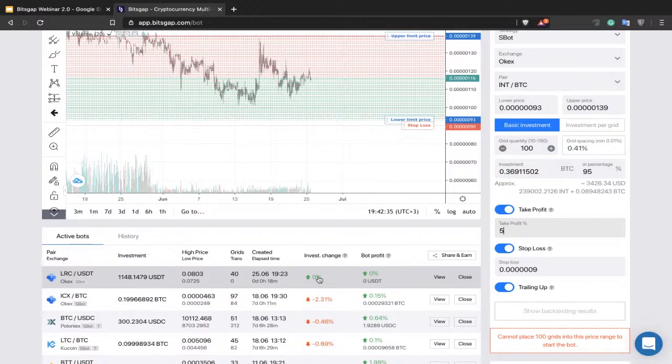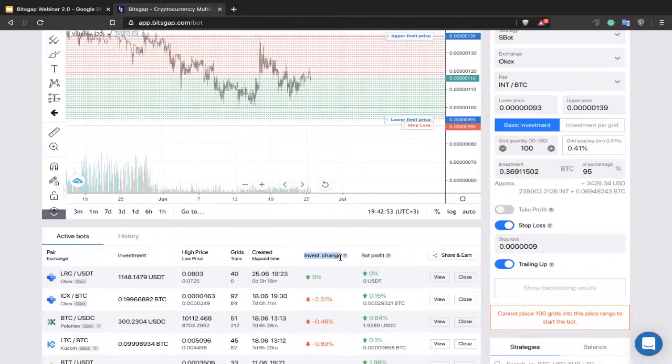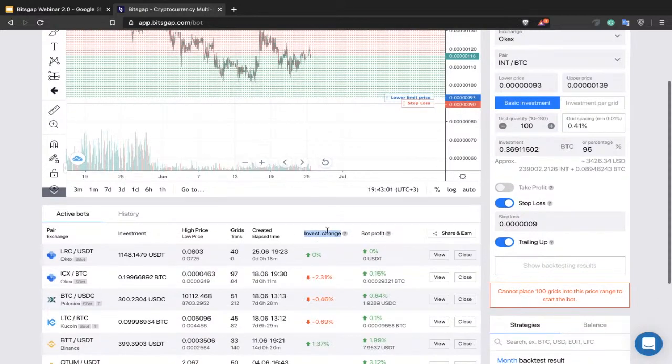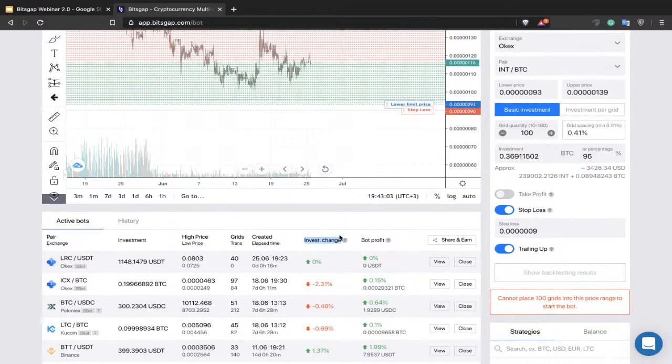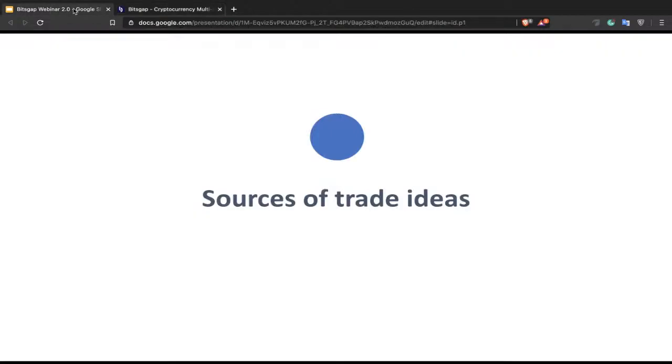So it will exit from the market, and by that it will fix your 5% of the total investment return. If you set 9%, as soon as it reaches 9%, it will close the bot automatically. Only by the investment change, not by the bot profit, because the main metric here is the investment change. We are interested in the return on our investment, all right? That is why it's the key metric at Bitsgap.